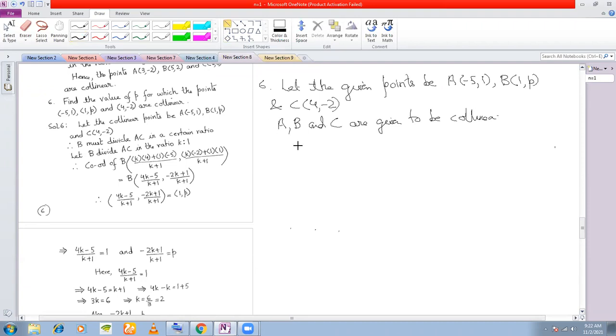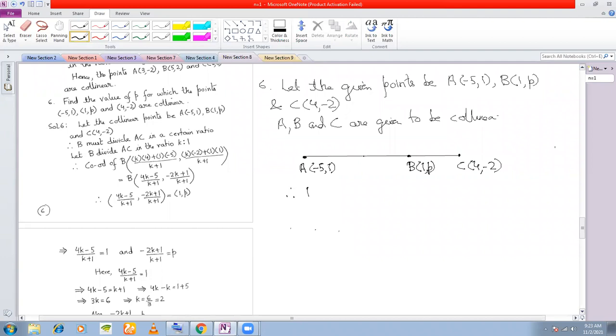So if we are to draw this now, because they are given to be collinear, we can very confidently draw the figure. We can take A as (-5, 1), B here as (1, P), and C here as (4, -2).